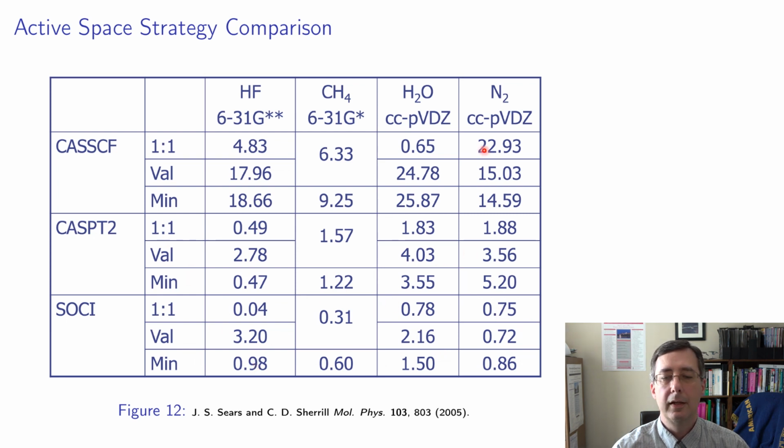CASPT2 is next, and CAS-SCF has the biggest non-parallelity errors because it doesn't have any dynamical correlation. And sometimes certain choices of active space are better than others, and it kind of depends on the molecule and the method that you're doing, how much difference it makes how you choose the active space or which one is better. There's not a universal best choice.